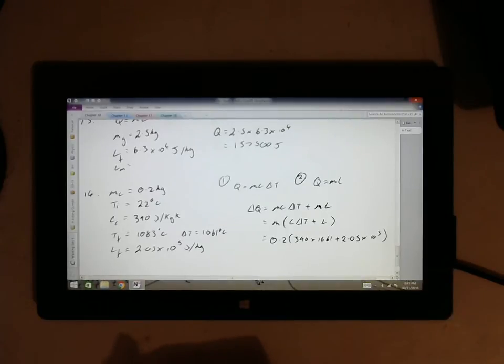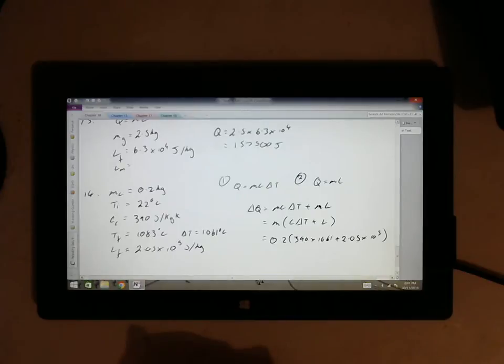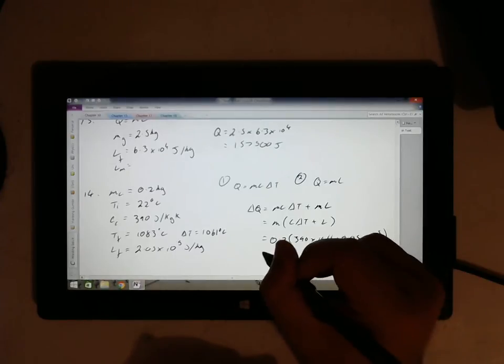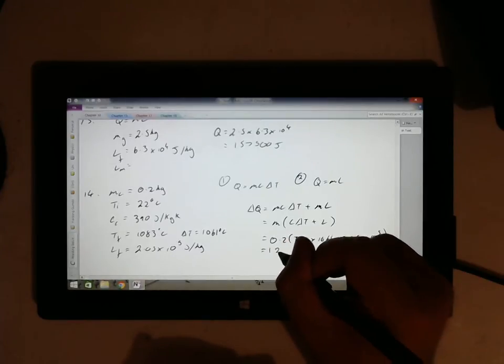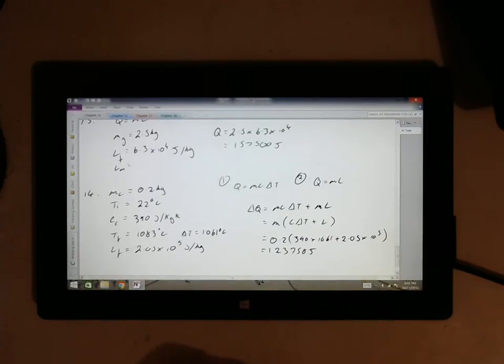Okay, so do be careful with that. Times 10 to the power of 5, there's bracket, equals, and then we want to multiply that by 0.2, equals 123,758 joules of energy needed.